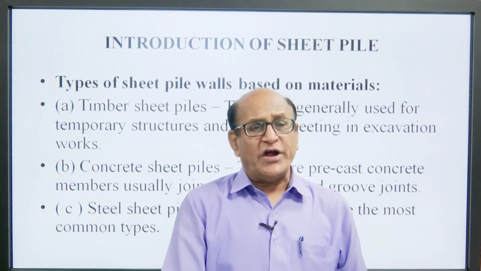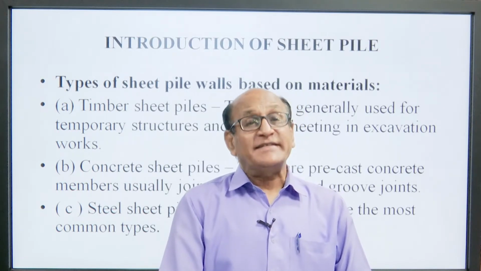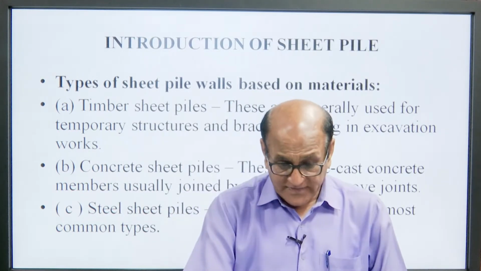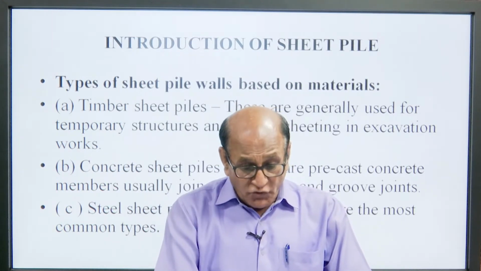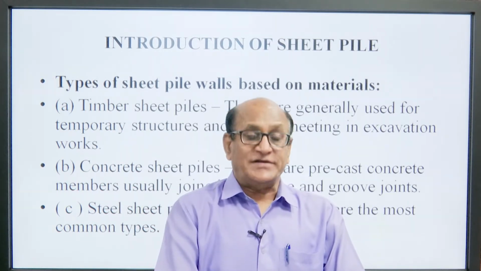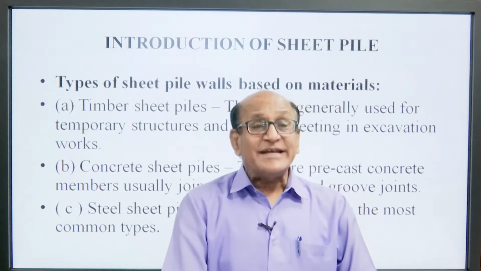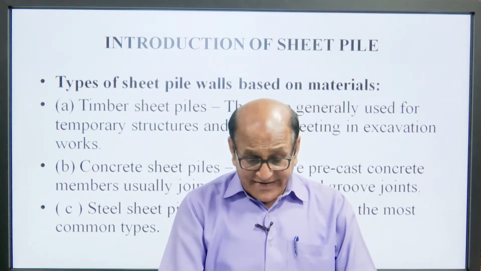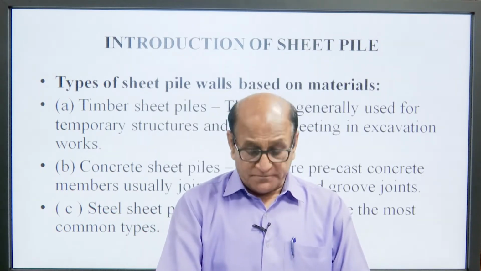Of course, that is also temporary. Second is concrete sheet piles. These are precast concrete members, usually joined by tongue and groove joint. And third is a steel sheet pile. Steel sheet piles are most commonly used.